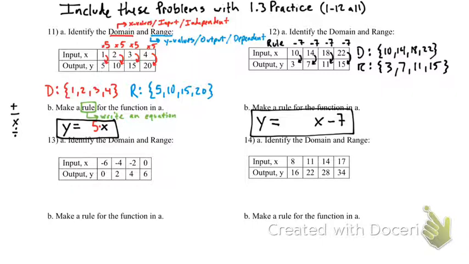Okay, guys, this is how it's going to work. For 13 and 14, I'm going to pick 2 people right now for 13. When I pick those 2 people, what you're going to do is send me a private chat in the chat room telling me your answer. For example, if in number 13 you think the rule is subtracting 15, so in the private chat you would say subtract 15 or minus 15.